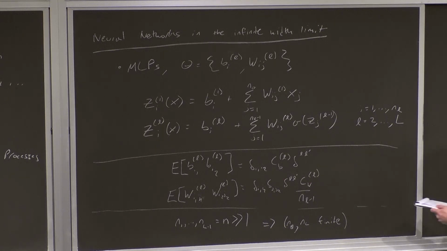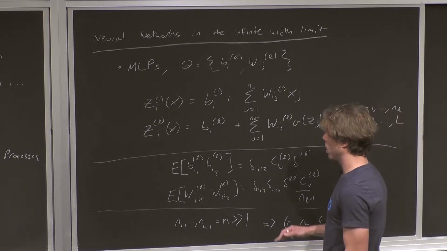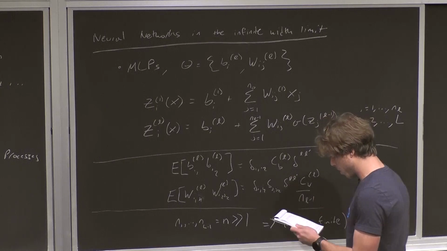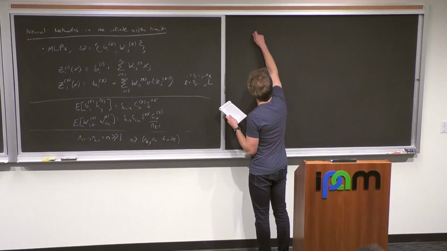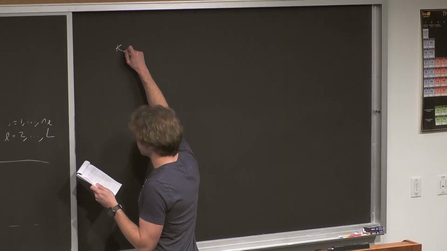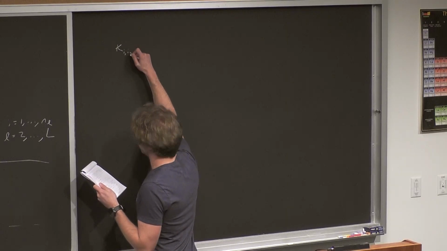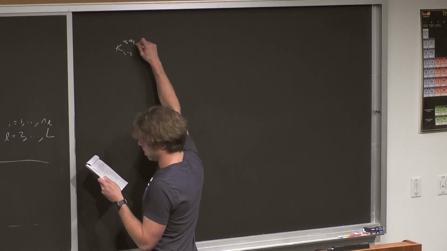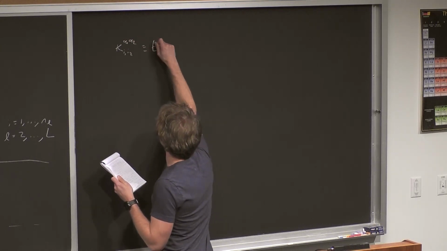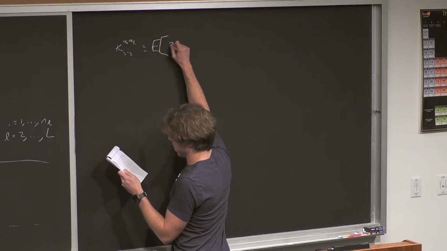And in this limit, we can define the two-point function, or the kernel, which has indices in weight space and in data space, and that's defined to be the expectation value of the pre-activations.